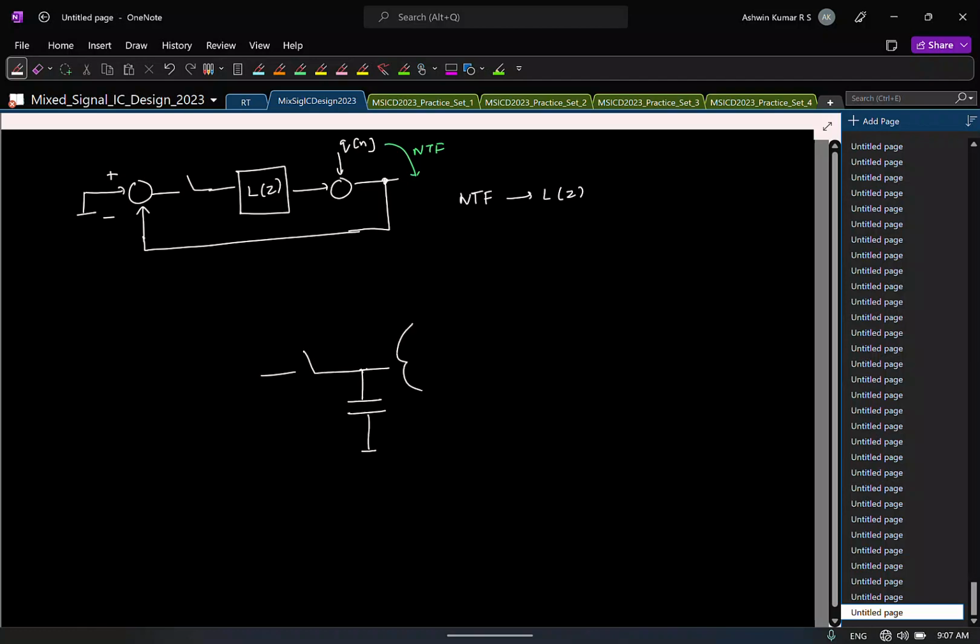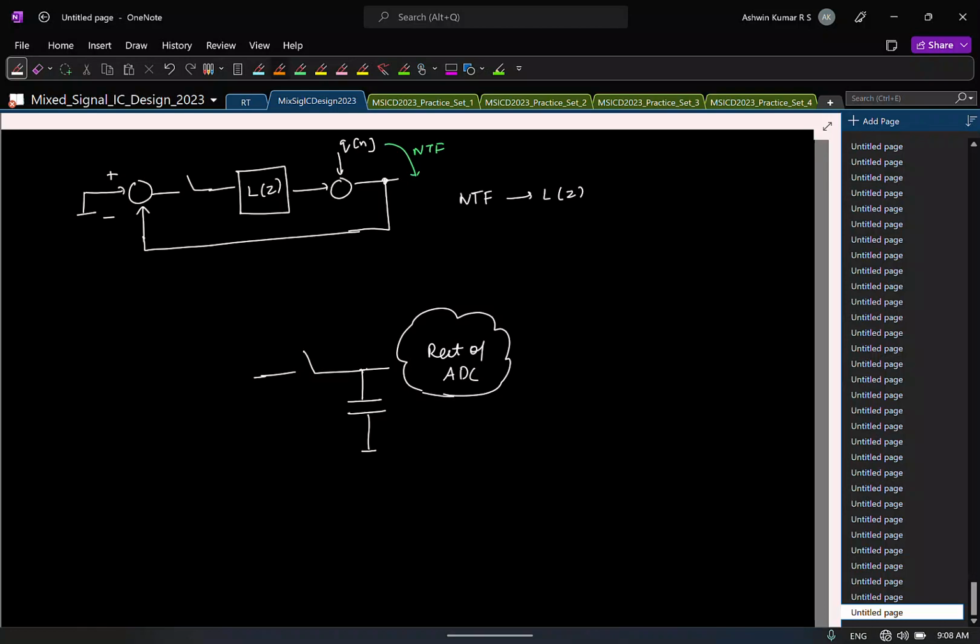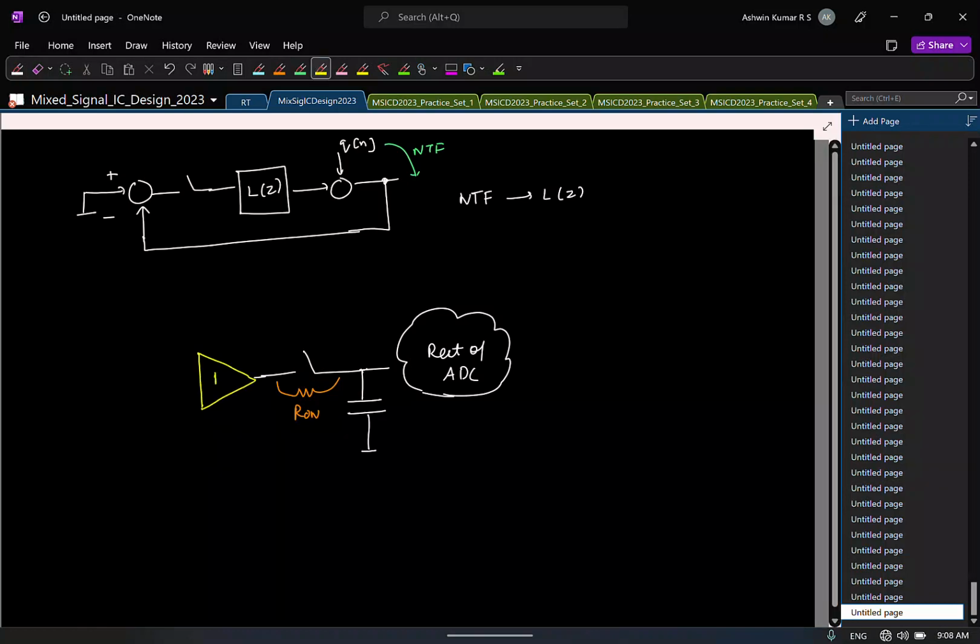I'll just say this is the rest of the ADC. You know this switch is going to have some on resistance in practice, and this is usually driven by a buffer here. We have seen this multiple times.